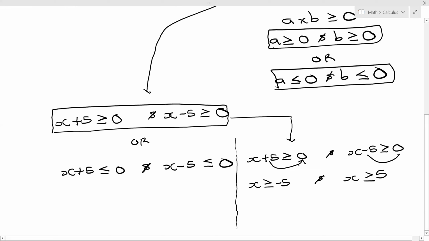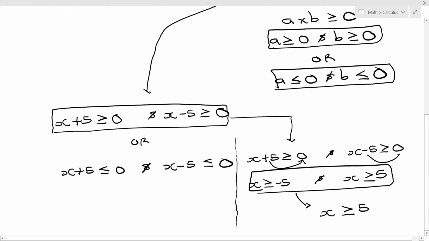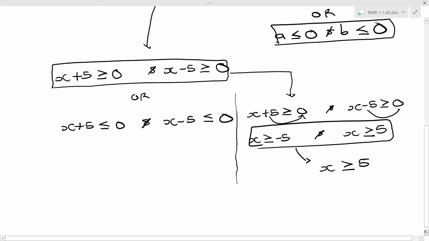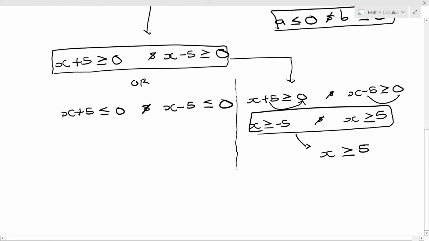So look at this here. Can you think of a value where x is greater than or equal to negative 5, and at the same time, x is greater than or equal to 5? If we combine these two together, we would get x is greater than or equal to 5, because for a value to be greater than or equal to 5, it's automatically greater than or equal to negative 5.